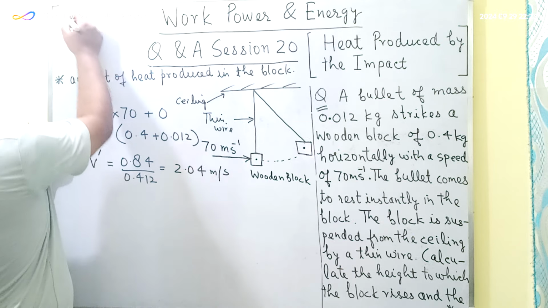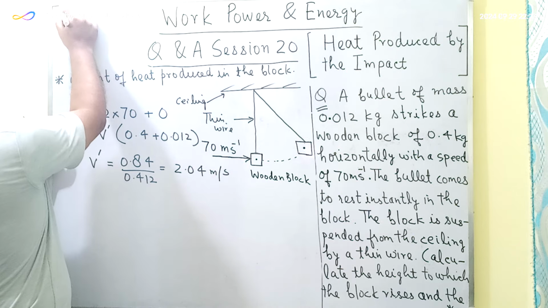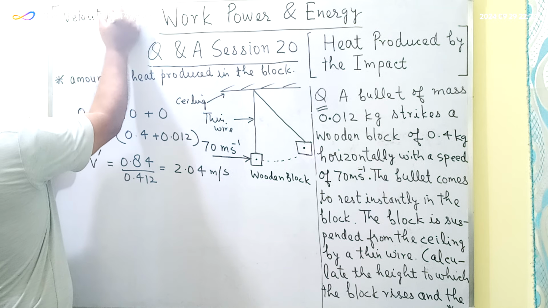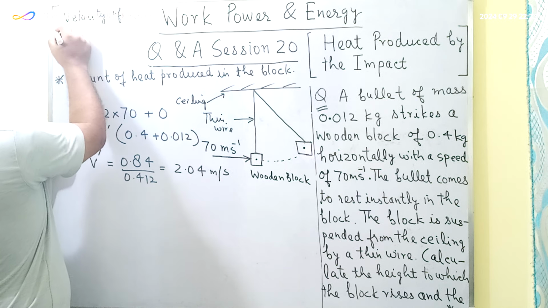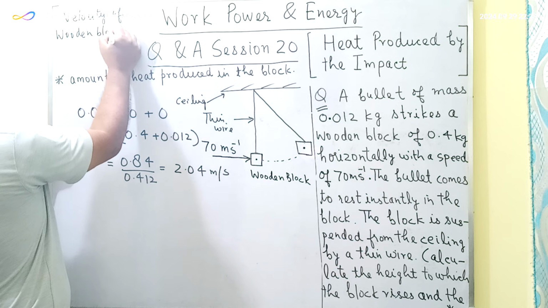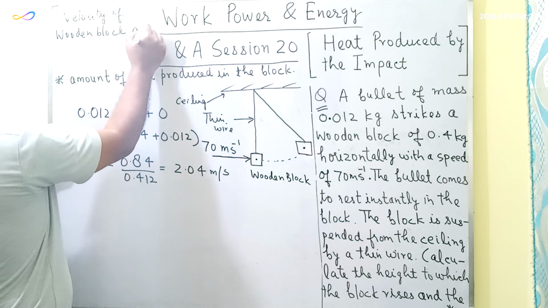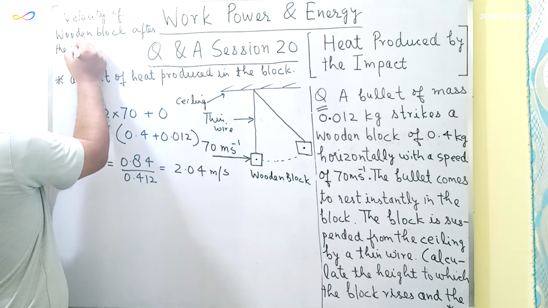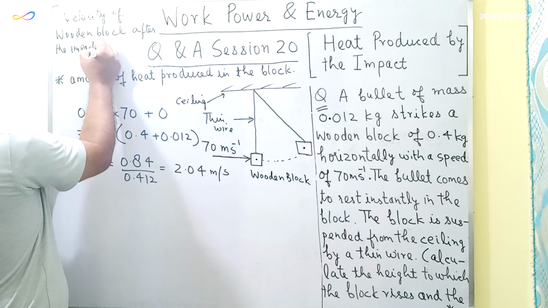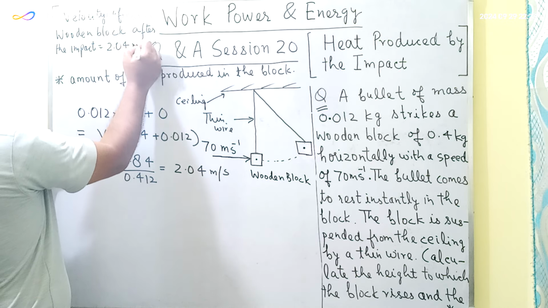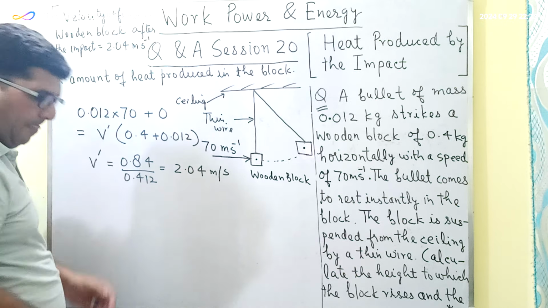So the velocity of the wooden block after the impact is equal to 2.04 meter per second.